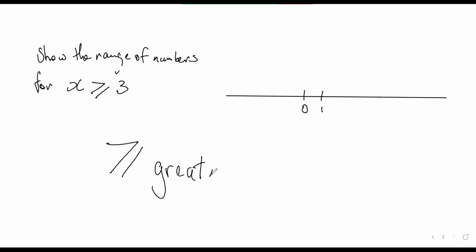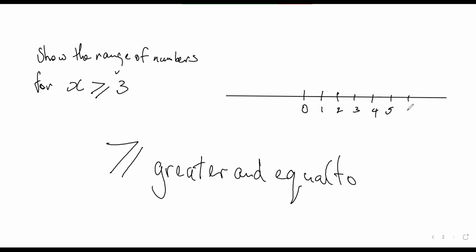So 3, 4, 5, 6, 7. This is my number line. The numbers on the left are negative.